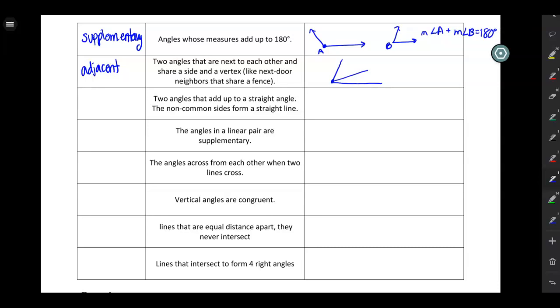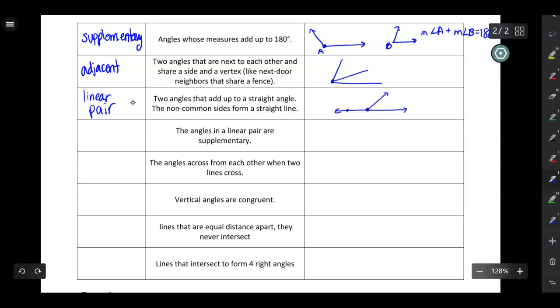Okay. The next is a word that we use to describe two angles that add up to a straight line. This is important because it's kind of like complementary, or kind of like supplementary, but they have to be on the same line. So a linear pair just means basically you've got a straight line and you've chopped that straight line into two different angles.